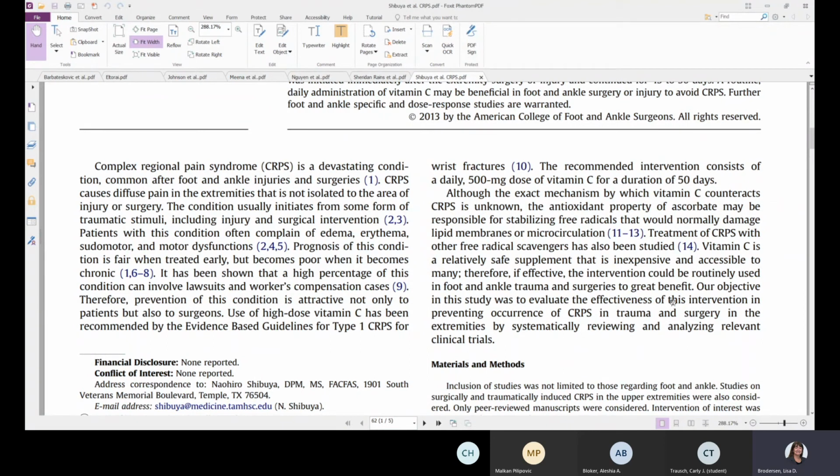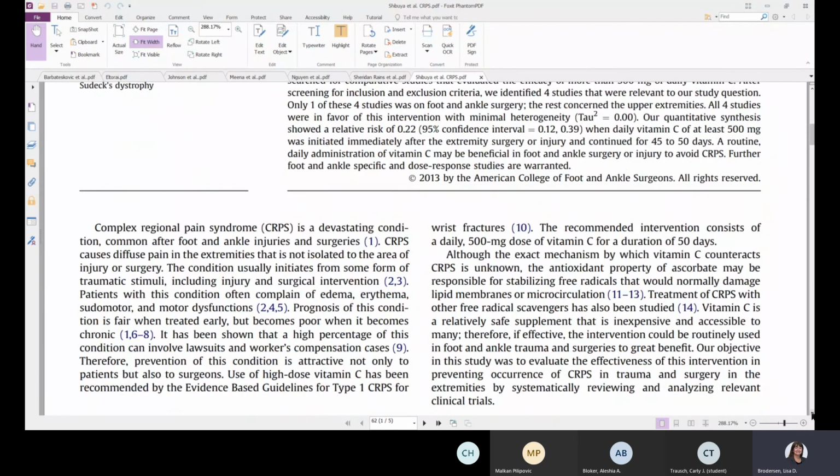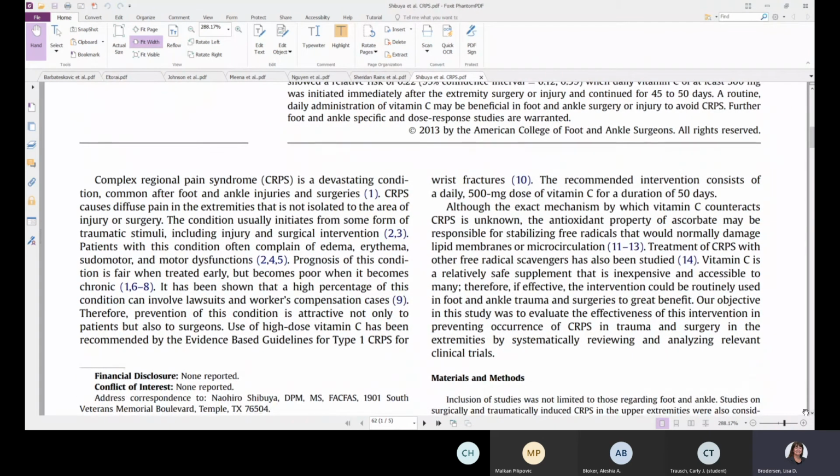The introduction is very similar to that introduction in that other article that we looked at. Kind of makes me suspicious, but anyway.